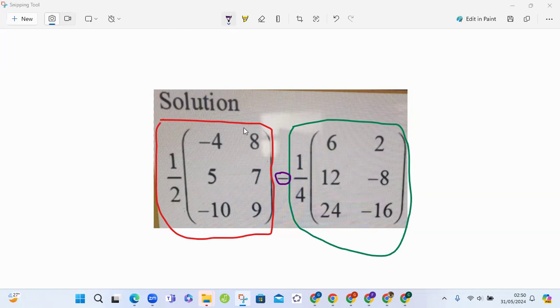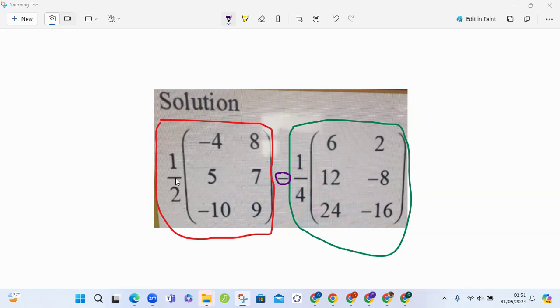So we are going to multiply a half by this matrix, then multiply 1/4 by this matrix, and then do the subtraction. So we are going to demonstrate how to multiply a half by this matrix.